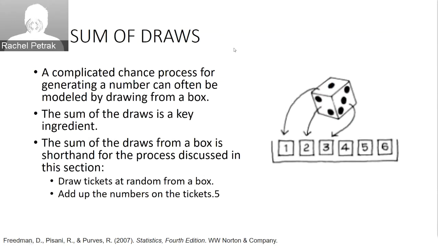So let's think about this idea of the sum of draws. This is just a conceptual idea that's going to help us get to some more complicated ideas. It helps us simplify the complicated process for generating a number by modeling it on drawing numbers from a box. You can see we use a sample box that has 6 tickets with numbers 1 through 6.